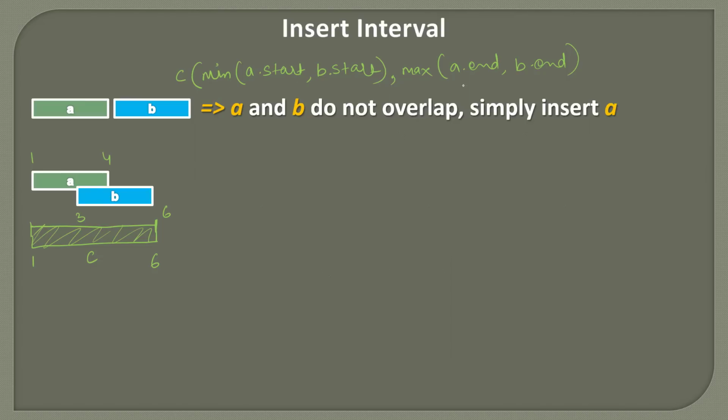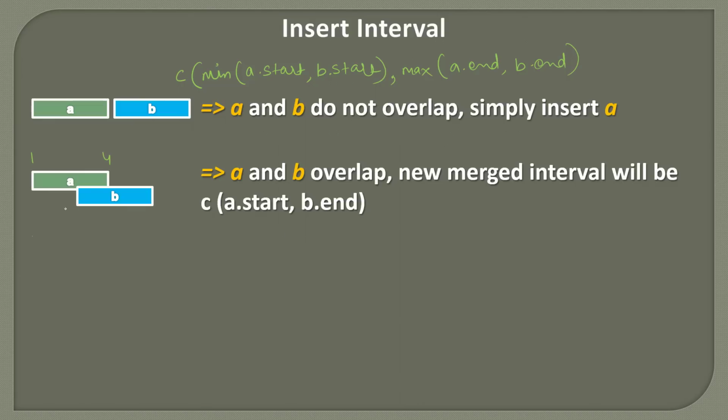So this formula comes in handy. Minimum of A dot start and B dot start: A dot start is 1, B dot start is 3, so the minimum is 1. And C's end will become the max of A dot end and B dot end: A dot end is 4, B dot end is 6. So C's end will become 6. So this interval will expand from 1 to 6.